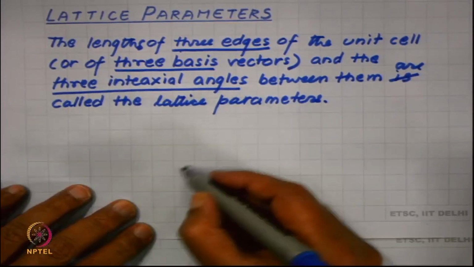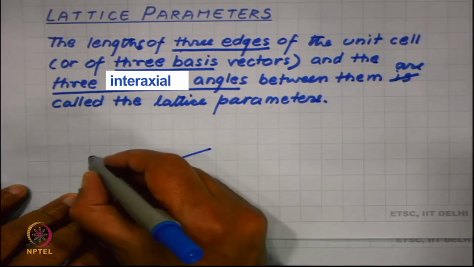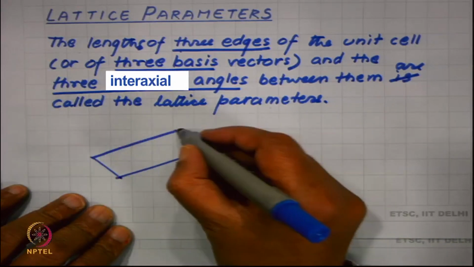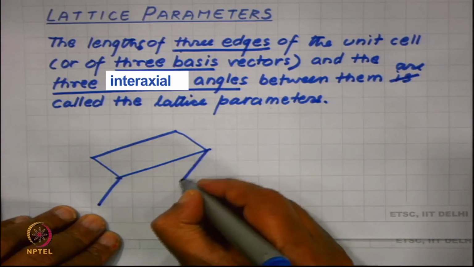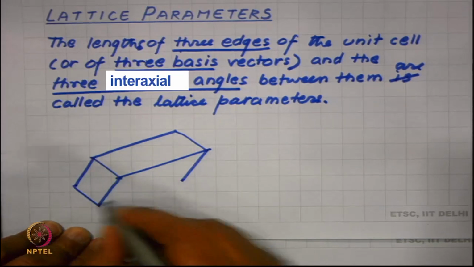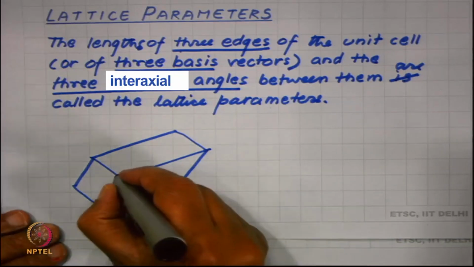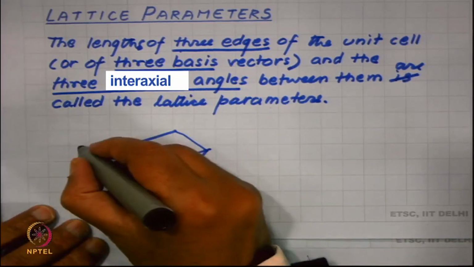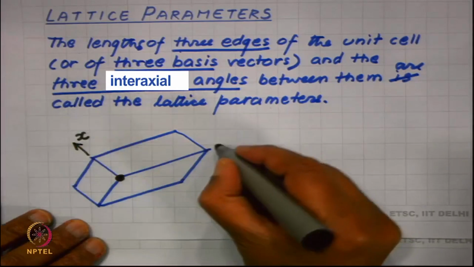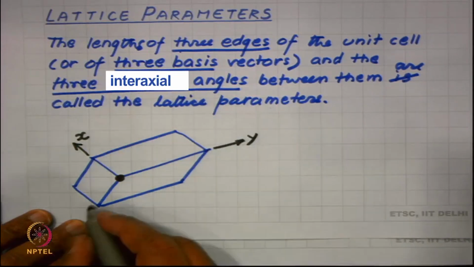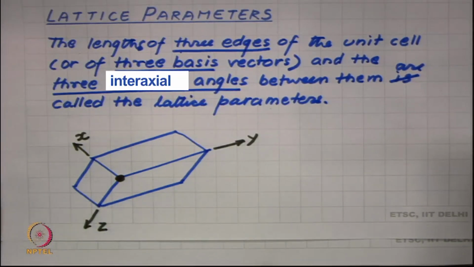So, let me try to draw a parallelepiped unit cell to define these. Suppose I have a parallelepiped unit cell, and I choose this as my origin, and choose this as my x axis, y axis and z axis.